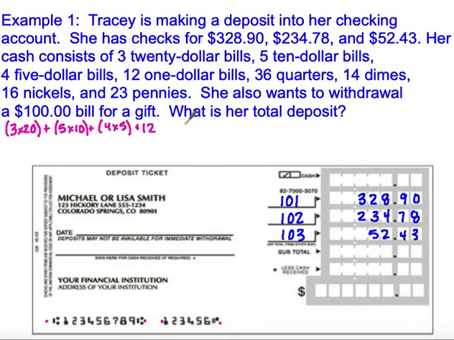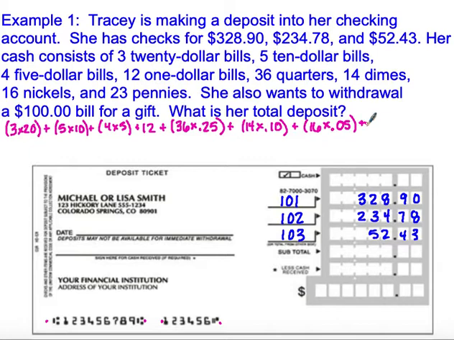I'm just going to add 12 in there. She has 36 quarters, so don't forget when I'm multiplying out to use a decimal, 0.25. She has 14 dimes, 14 times 10 cents, plus 16 nickels. Make sure you put a decimal and a zero in there.